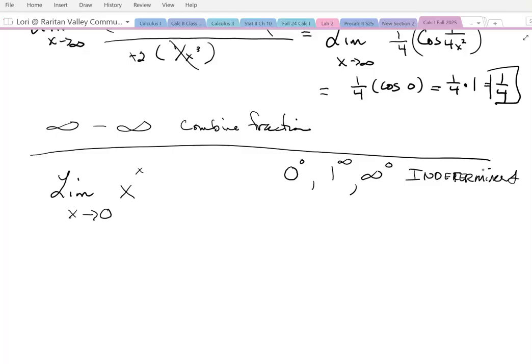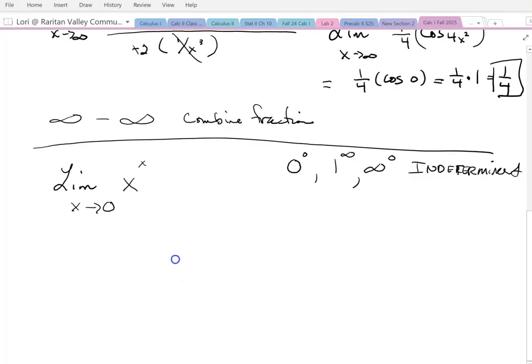It might come out to 1, but you cannot just assume it will, because what you're actually taking is a value as it approaches 0, not the 0 exponent itself. So you got to be really careful with these, and these are considered indeterminate forms, and you got to do a little work to evaluate them. So let's take a look at this one.